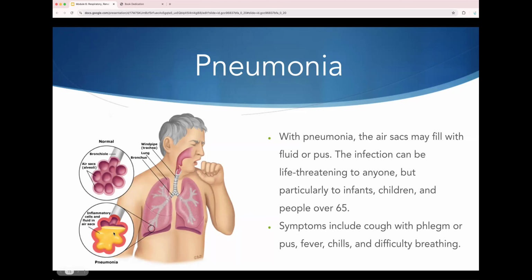Do you think this is going to get in the way of proper air exchange, gas exchange? Tell me in the chat. If we need patent airways that are just filled with air to promote proper gas exchange, do you think having pneumonia, where the alveoli are filled with fluid or pus, is going to get in the way of proper gas exchange?